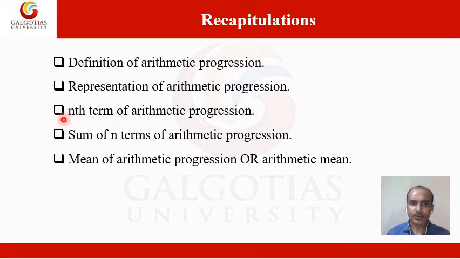Here, the nth term of AP is denoted by Tn or simply An, and is equal to A plus n minus 1 into D, where A is the first term of AP, D is the common difference, and n is the number of terms.